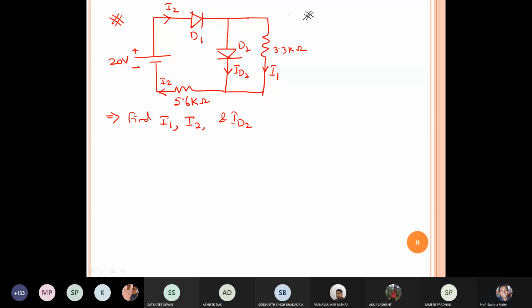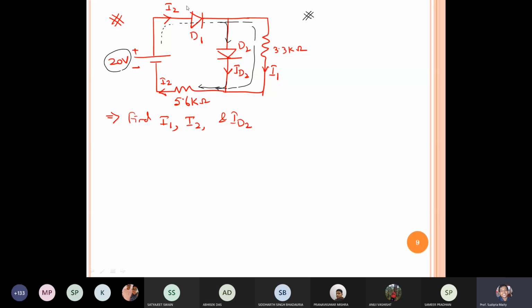Now if the diode, you see it is 20 voltage. So the current will flow in this direction, and there will also be one current flowing in this direction, and this current will add in this way. As it is very high voltage, 20 volt, the current will flow in this way.